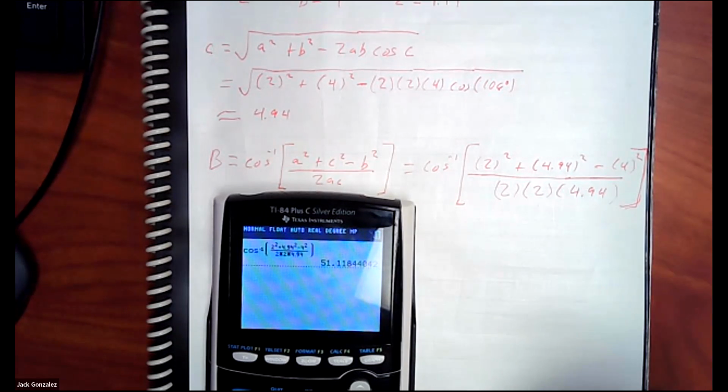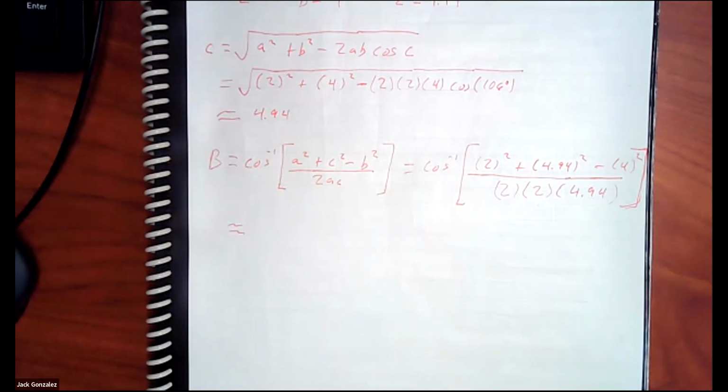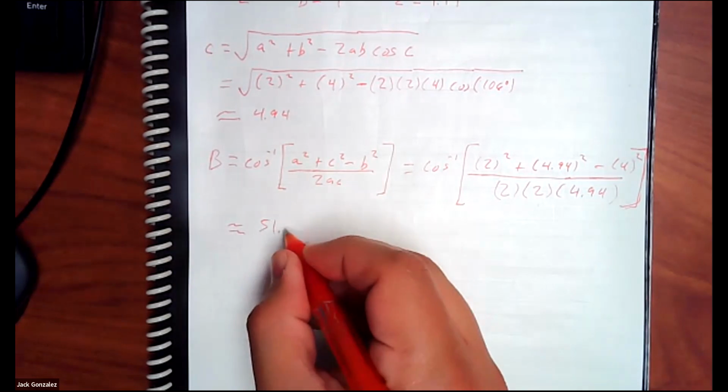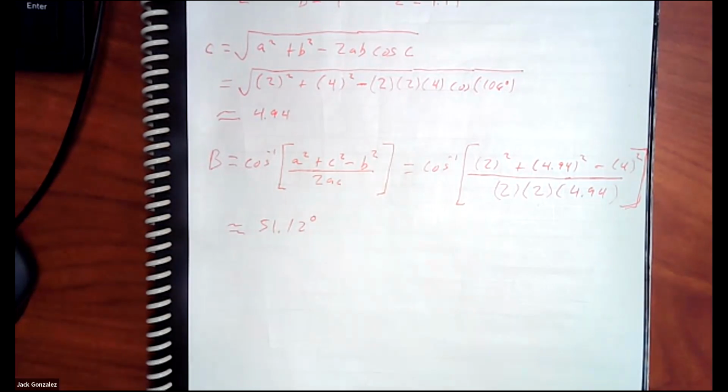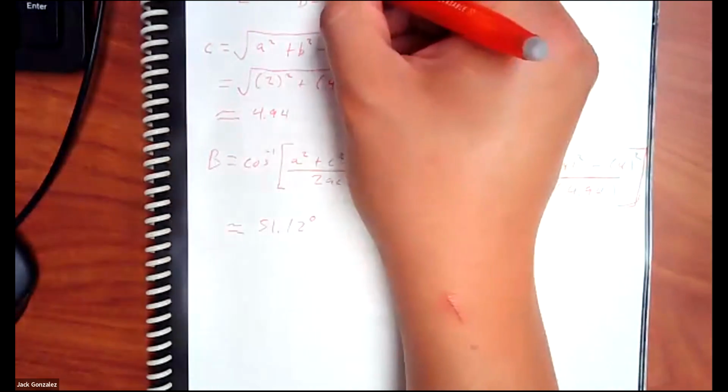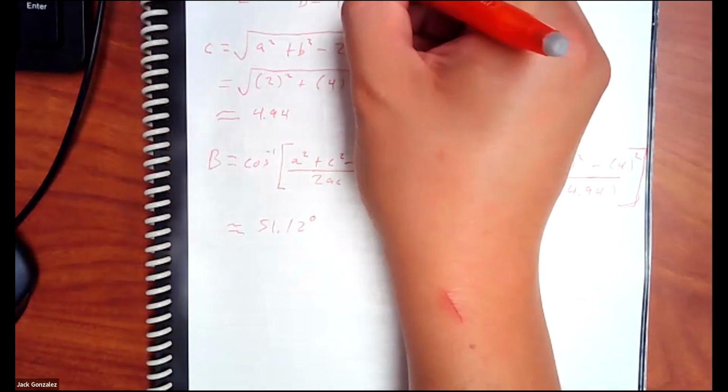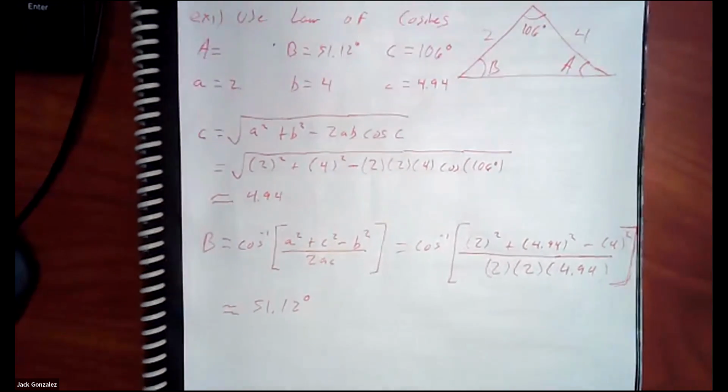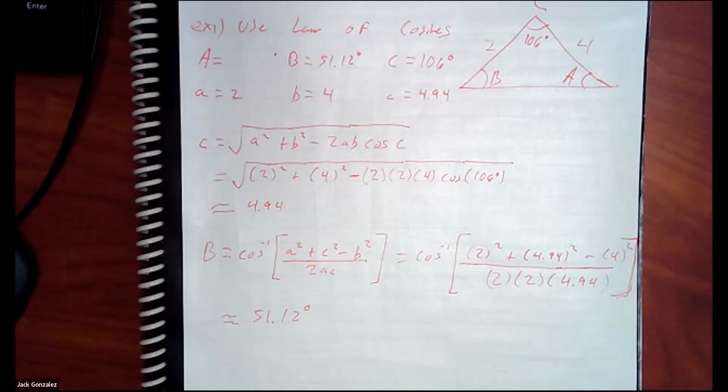So 51 point, I don't know, let's round to 2 decimals, 12. 51.12 degrees. So now that you have 2 angles, the last one is the easiest one, right?